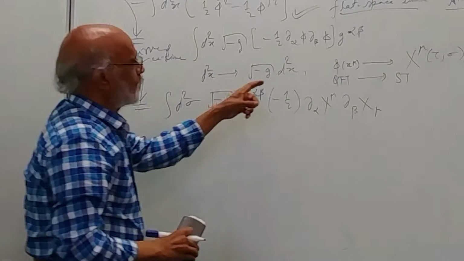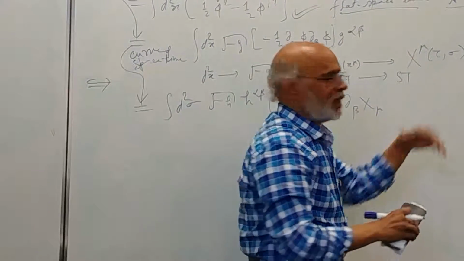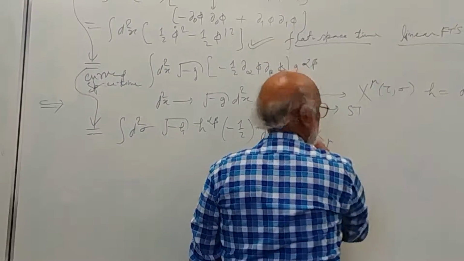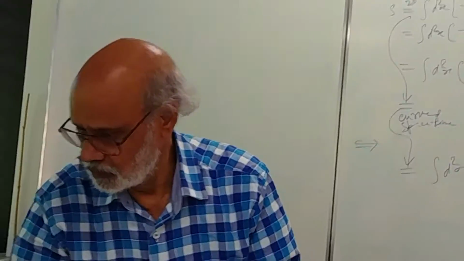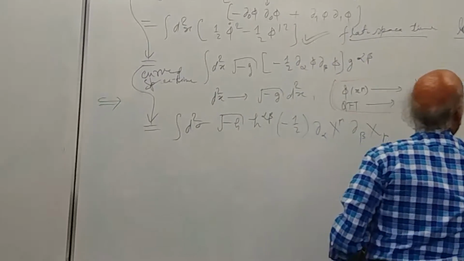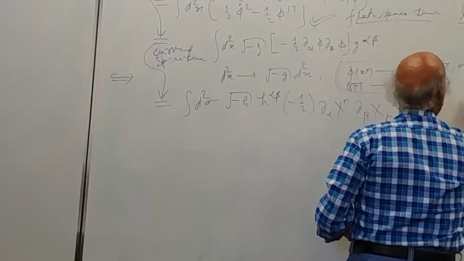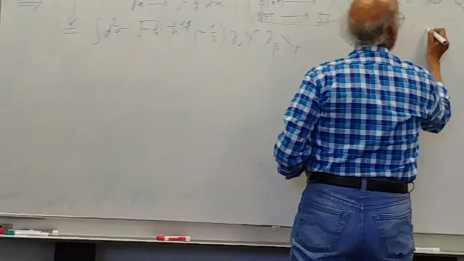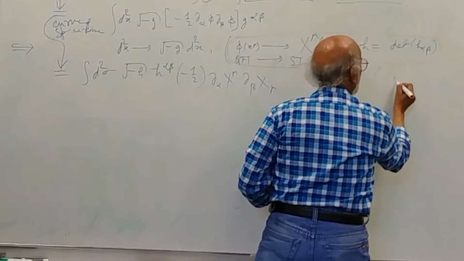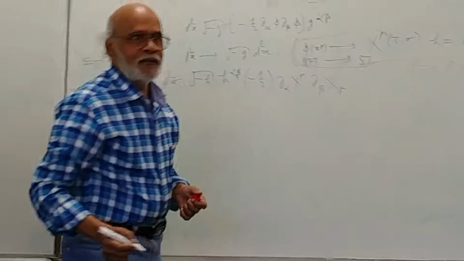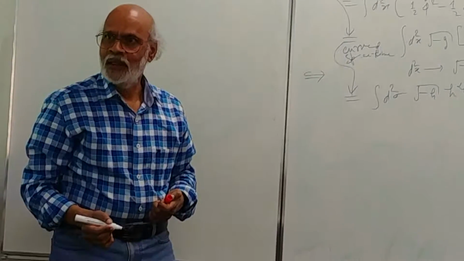Okay? So, if I have the product of phi, for example, phi square, I would replace it by x square. Okay? All right.